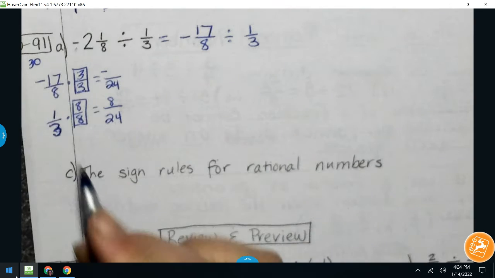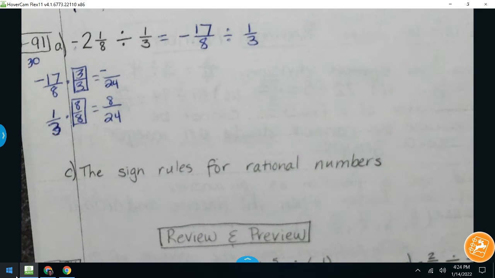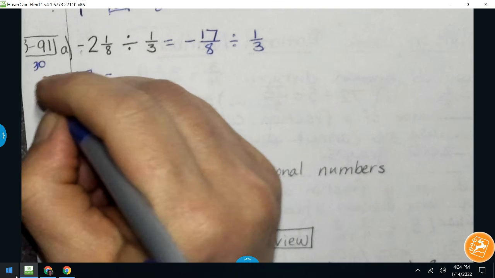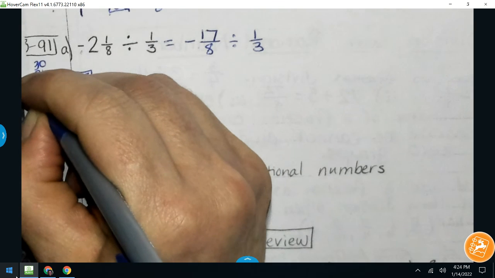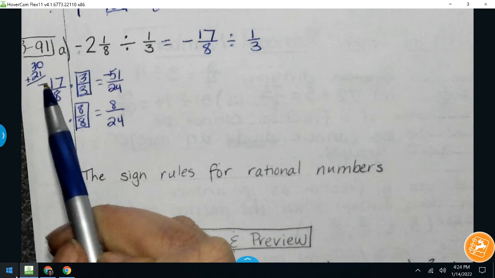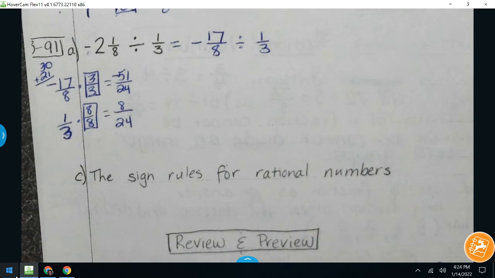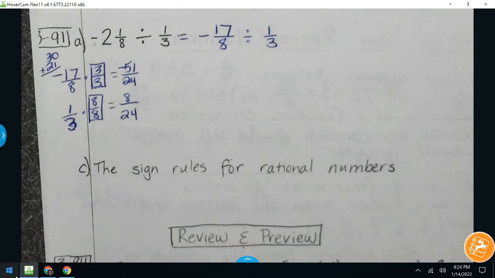And then what's 7 times 3? 7 times 3 is 21. If I add those together, I get 51. So I just broke apart the 17 into 2 different numbers and added them back together to make it easier, because I don't want to bust out my calculator.